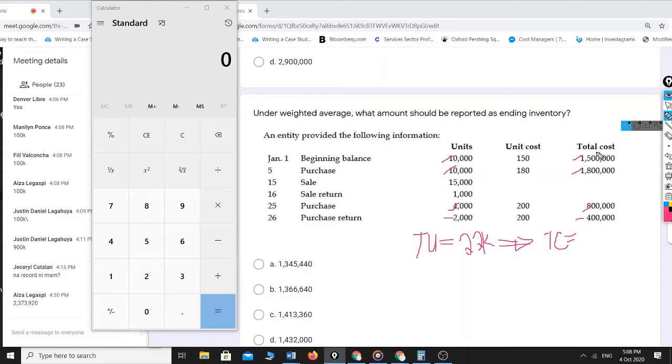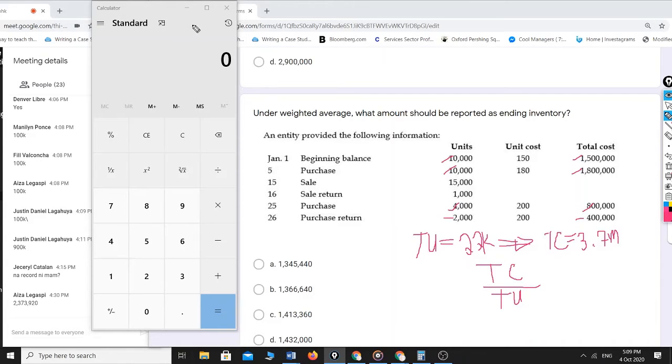So, our total cost is 3.7 million. Okay, so in computing the average cost per unit, i-divide ra nimo ni si total cost divided by total number of units.